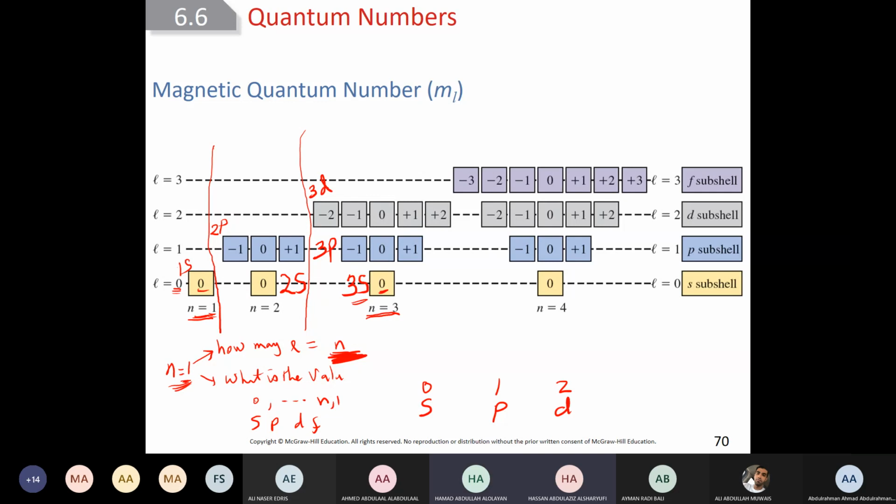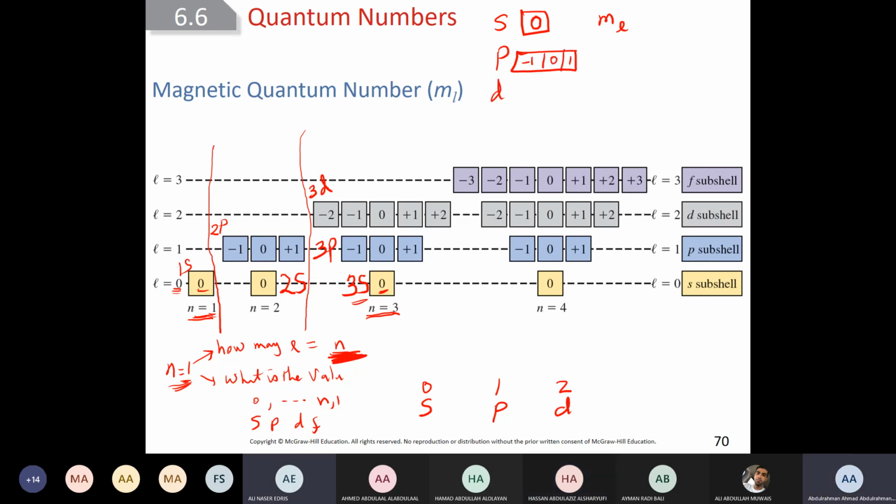What's the value of ml? As I said, whenever you have this orbital for ml, what's the value for ml? Always, when it's s, what is the value? 0. What about p? -1, 0, 1.